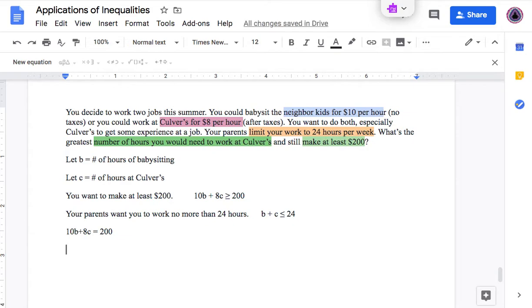Let's say b is our x, so we'll solve. Negative 10 divided by 8 is going to be negative 5/4 b, and 200 divided by 8 is 25.